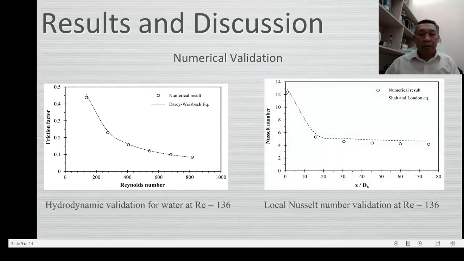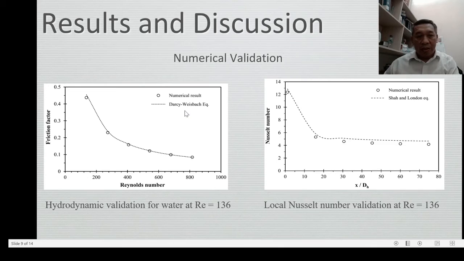Before running the ANSYS program, we use numerical validation with established equations. We use two validation techniques: the first is hydrodynamic validation, and the second is local Nusselt number, at a Reynolds number of 136.